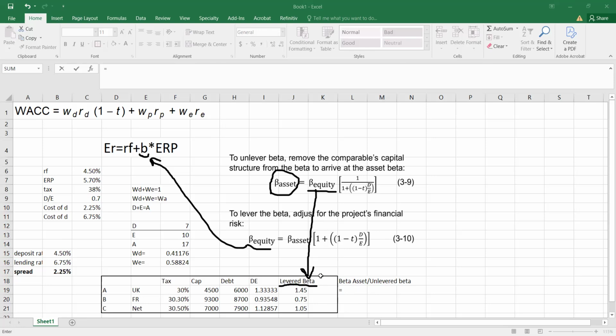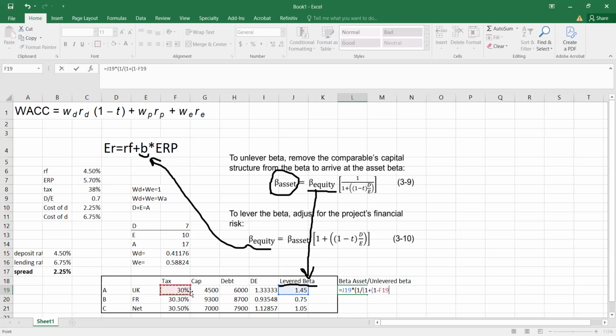So beta equity multiplied by, open the bracket, 1 over, I open one more bracket, 1 plus, I mean this one. So 1 over 1 plus, I open one more bracket, 1 minus tax, the tax of the relevant country, like 30%.